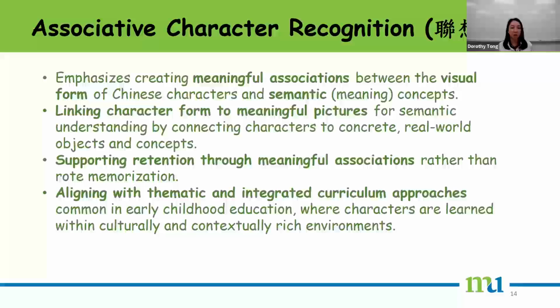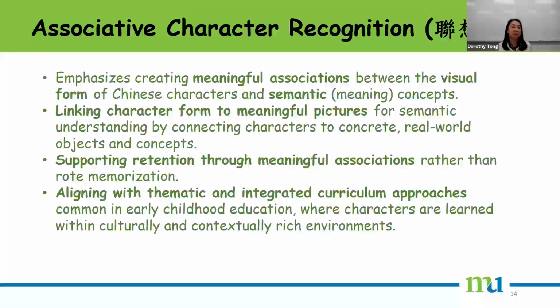So we want to emphasize the meaningful associations between the visual form, 形, and the semantic concepts, 義. From the forms, we want children to be able to connect more to the meaning of the Chinese characters. So we want to develop meaningful pictures according to the form of the character.